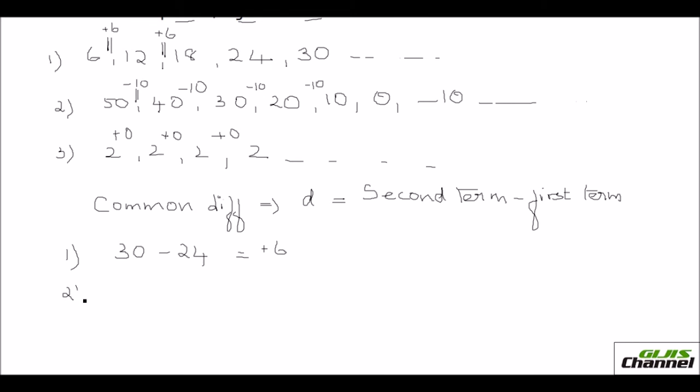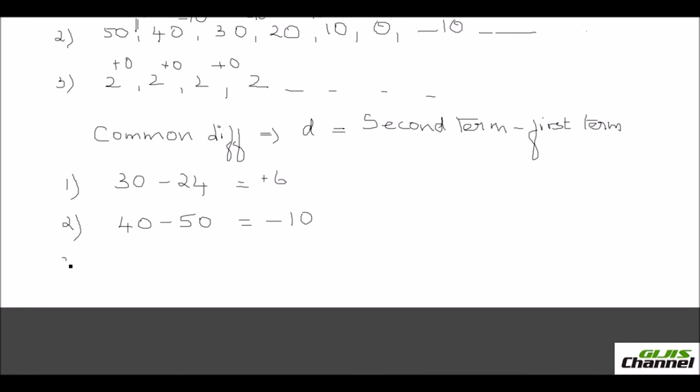For the second one, you can do the same. Take 50 and 40, from the second term take away the first term, and you get the common difference, that is minus 10, okay? And for the third example, the second term is 2 and the first term is also 2. So your common difference is 0.